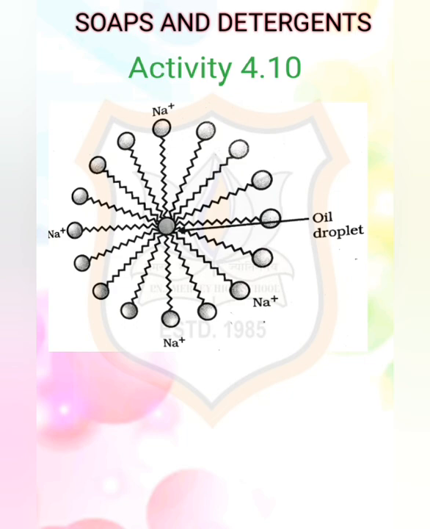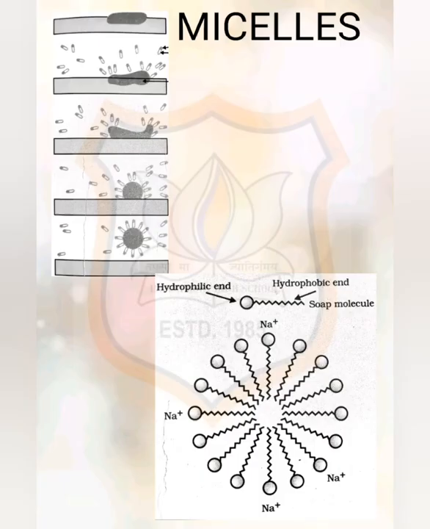Now let us discuss the structure of micelle. Micelles. Soaps are molecules in which the two ends have different properties. One is hydrophilic, that is, it interacts with water, while the other end is hydrophobic, that is, it interacts with hydrocarbons.